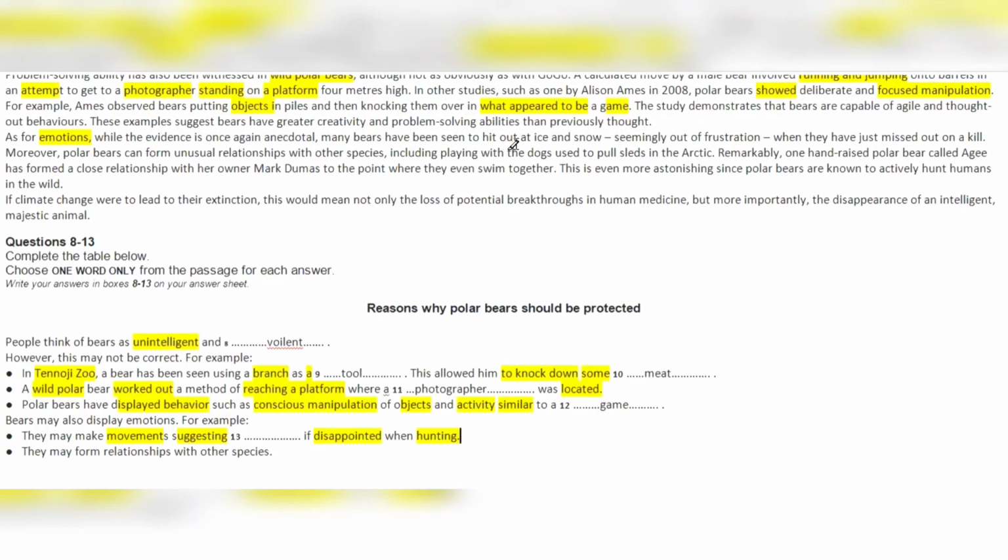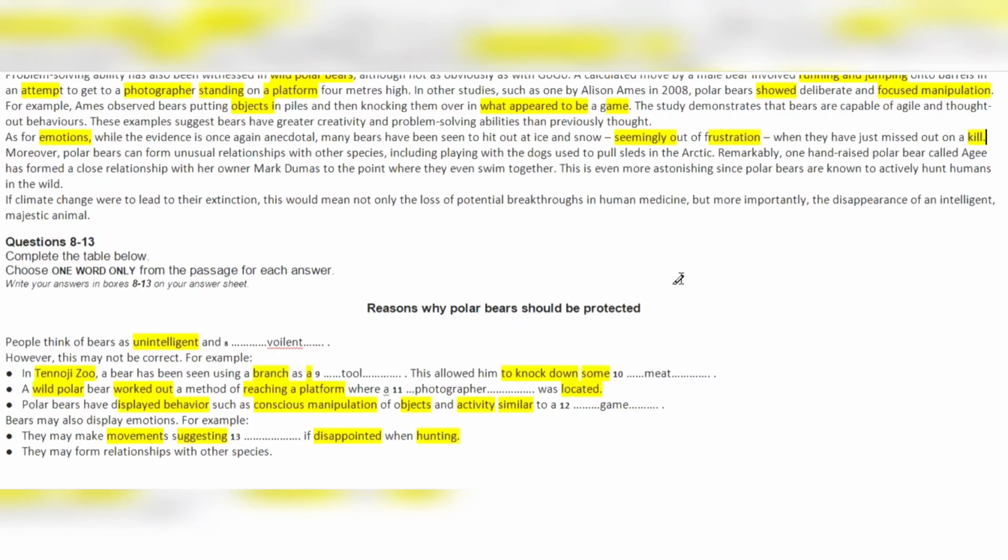As for emotions, while the evidence is once again, many bears have been seen to hit out at ice and snow, seemingly out of frustration when they have just missed out on a kill.